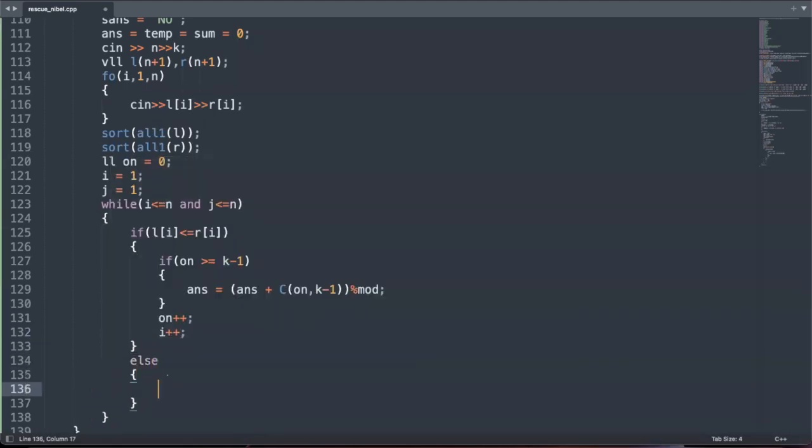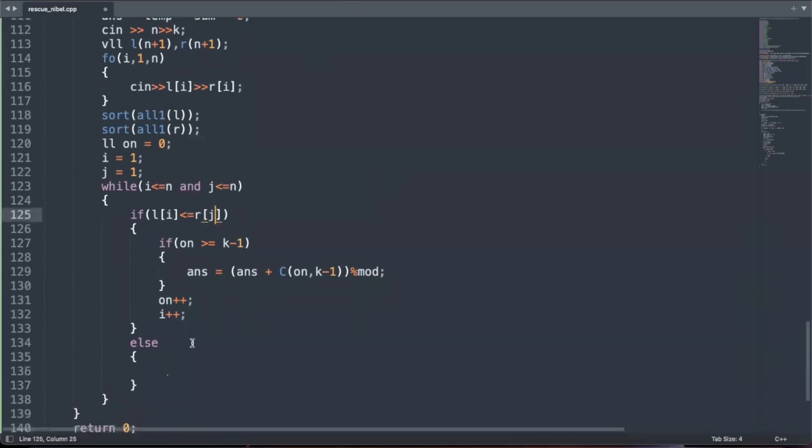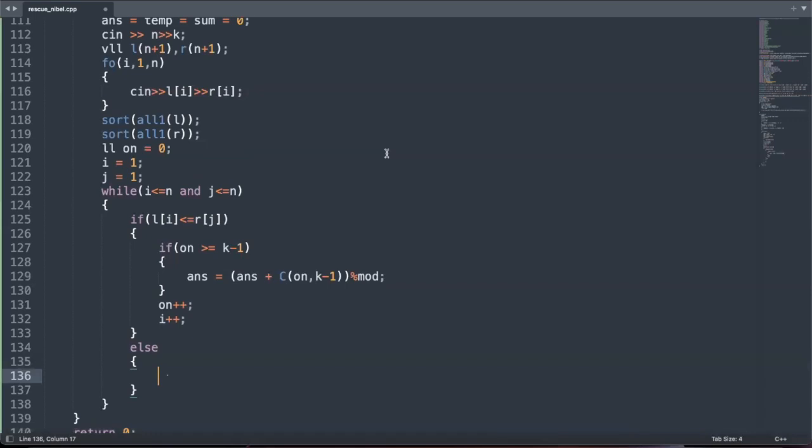So now at this point, if L of i is equal to R of j, that means at L of i is the point at which a lamp turns on, and R of j is where it turns off.